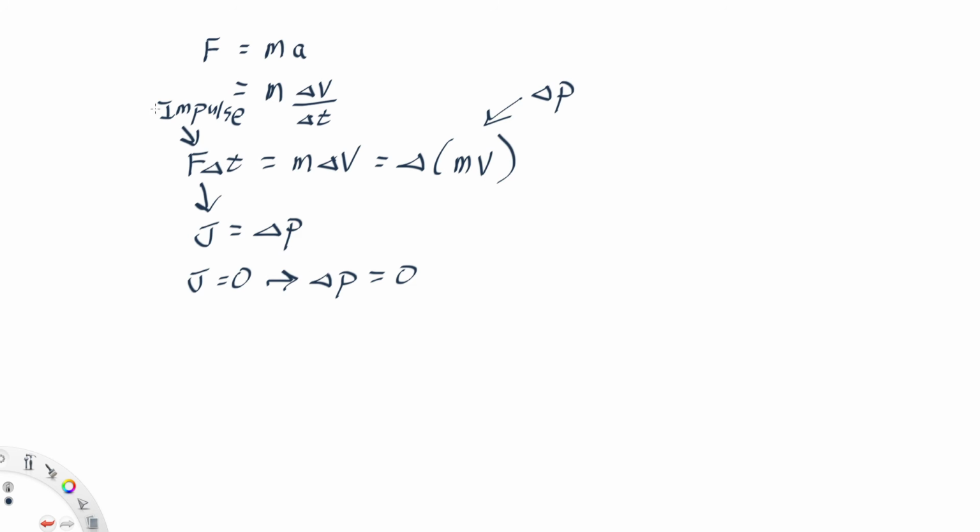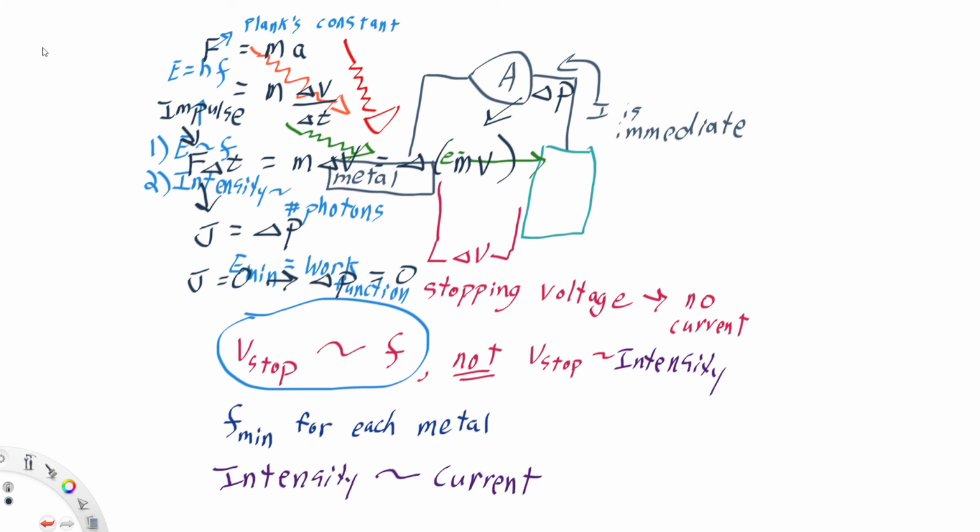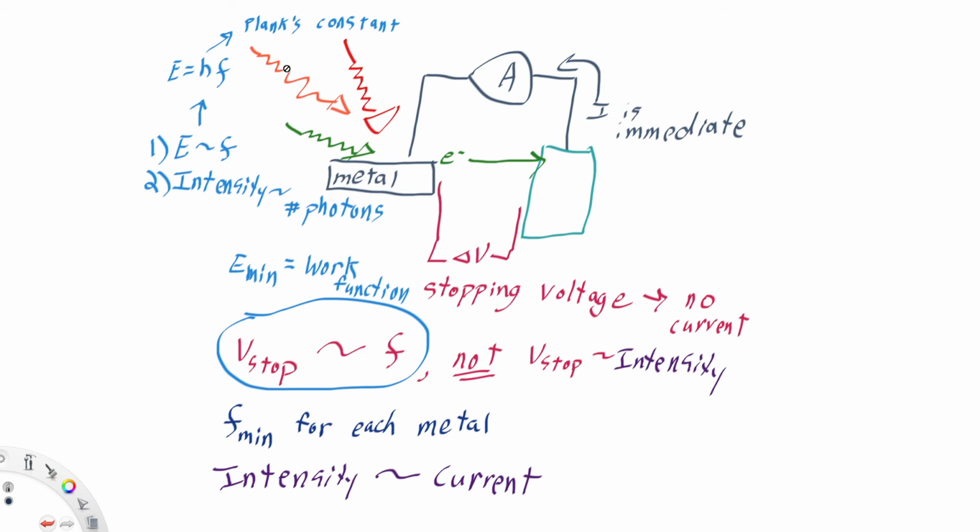So think back to the photoelectric effect, right? Photons come in, knock electrons out of the metal. Electrons move over and hit the screen to the right. If the electrons are moving, that means they have momentum, right?